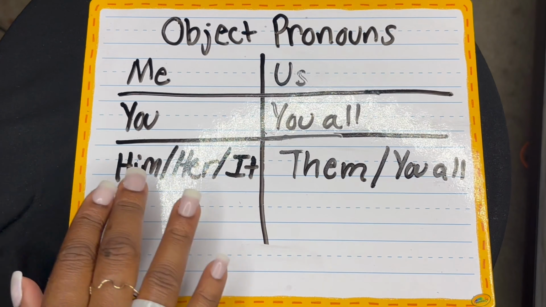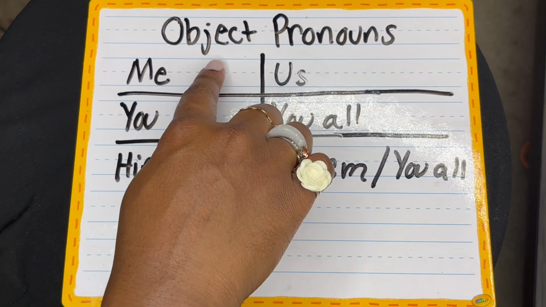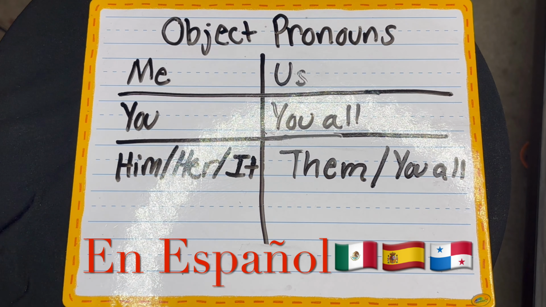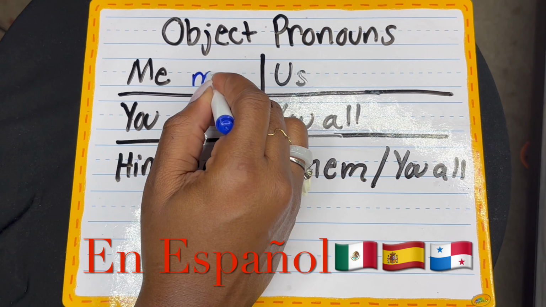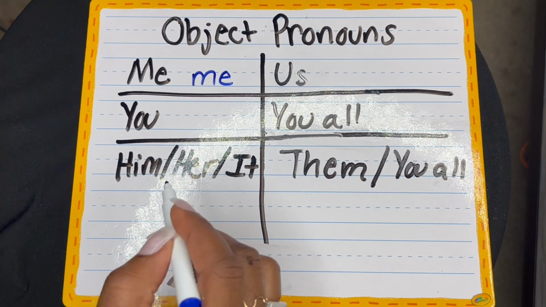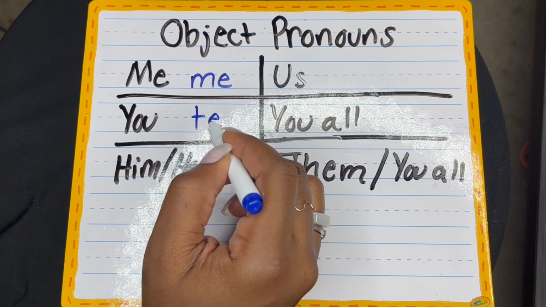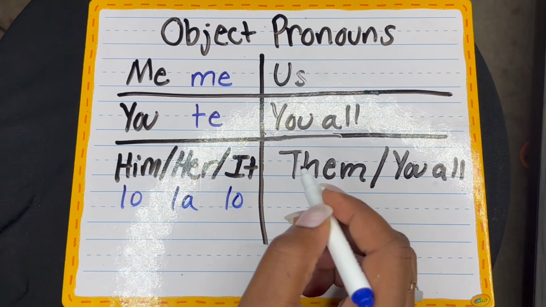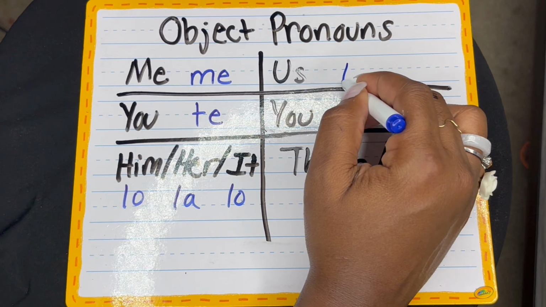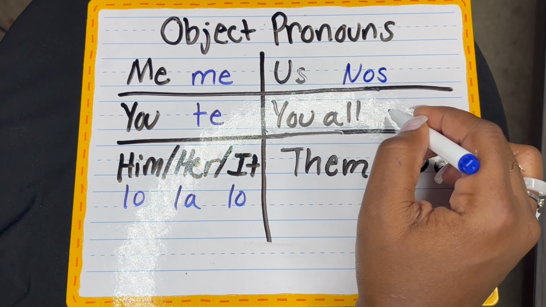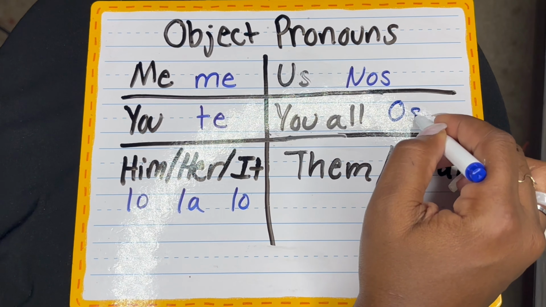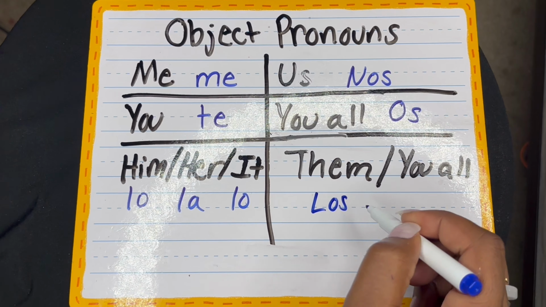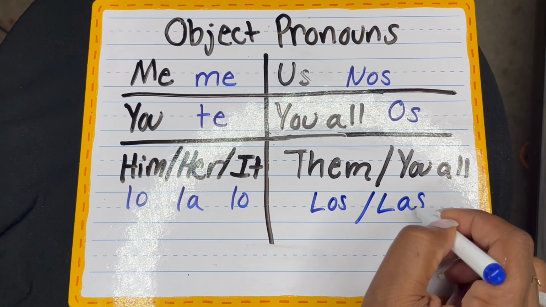Ok, por aquí tenemos los pronombres de objeto. In English, these are object pronouns. Pero en español tenemos me, te, lo, o la, nos, os, los, las.